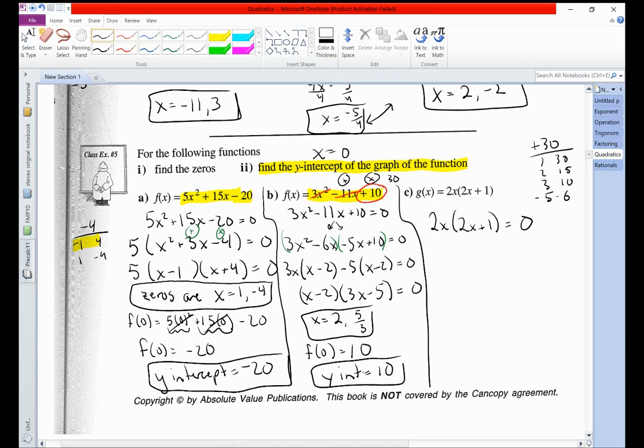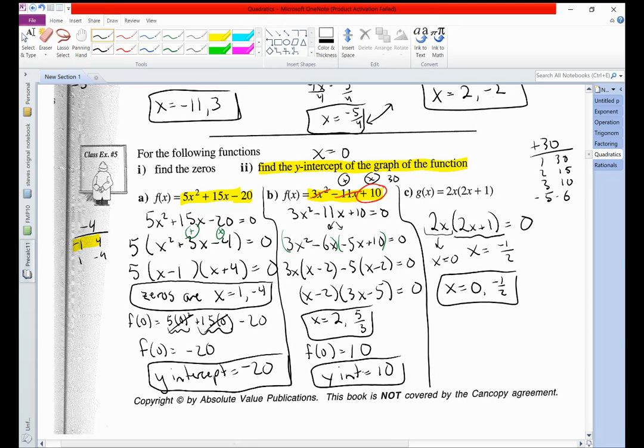We know that one of our roots is going to come from this, so that's going to be negative 1 over 2. And one of our roots is going to come from that constant. So in this case, if x is 0, the whole equation is 0 because 2 times 0 times anything in those brackets is going to be 0. So your roots are 0 and negative 1/2.